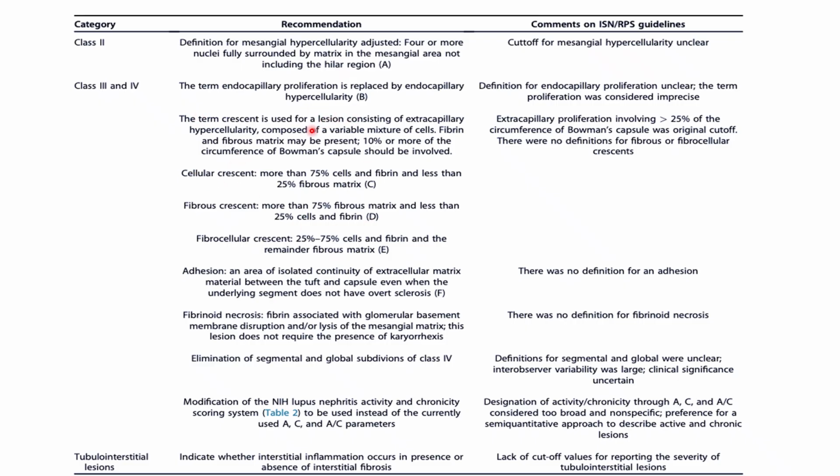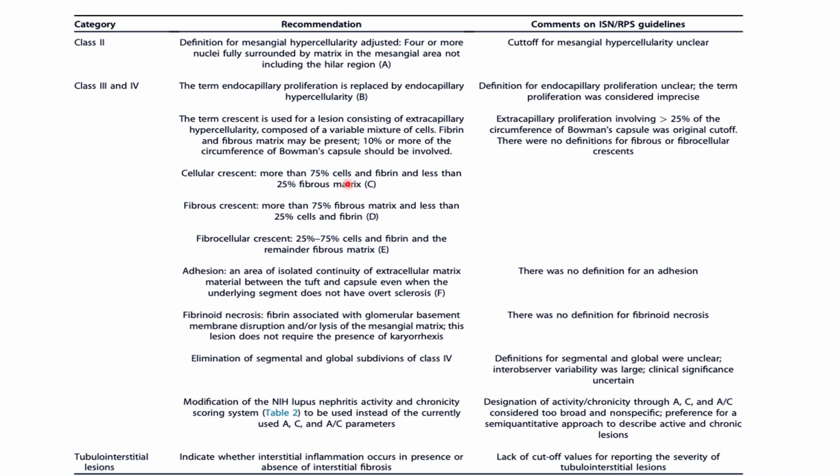The term crescent is used for the lesion consisting of extracapillary hypercellularity composed of various mixtures of cells, fibrin, and fibrous matrix. 10% or more of the circumference of the Bowman capsule should be involved. There are three types of crescent: cellular crescent, fibrous crescent, and fibrocellular crescent.